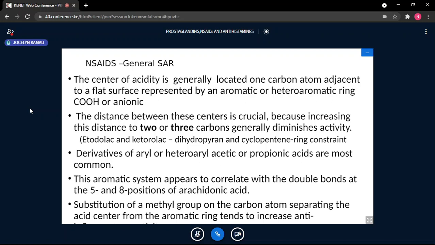Like indomethacin, which is an acetic acid derivative, if you do a substitution at that position, that is how you differentiate between an acetic acid derivative and a propionic acid derivative. For propionic acid derivatives, when you do a substitution, you get a chiral center, and the S isomer has much higher activity than the R isomer. For acetic acid derivatives, both the R and S compounds produced are equipotent.